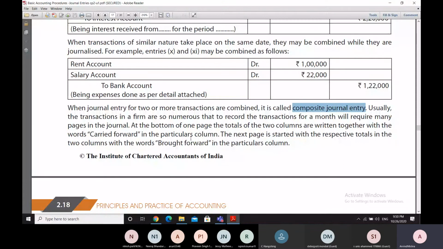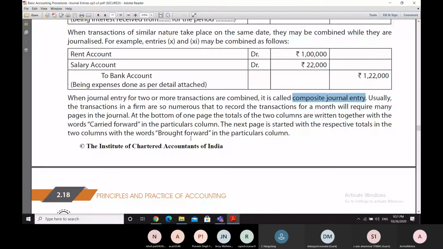So carried forward or carried down can also be written, and brought forward will be written on the first row of the next page.